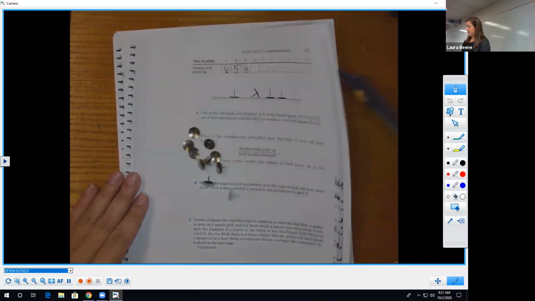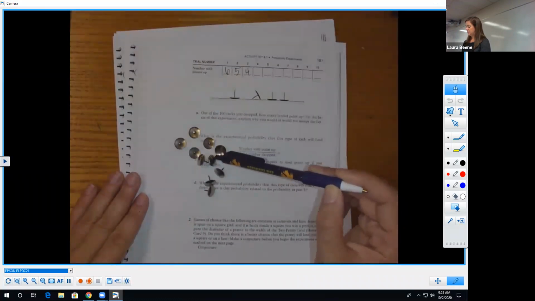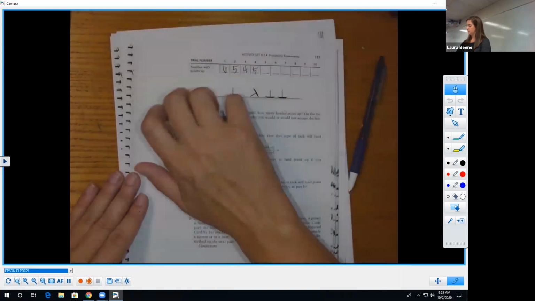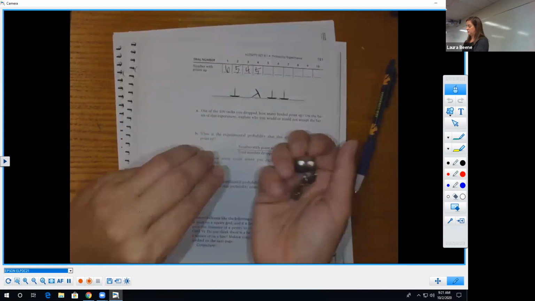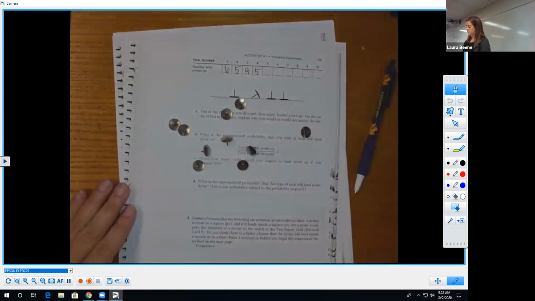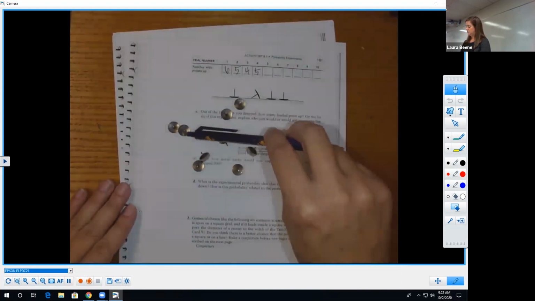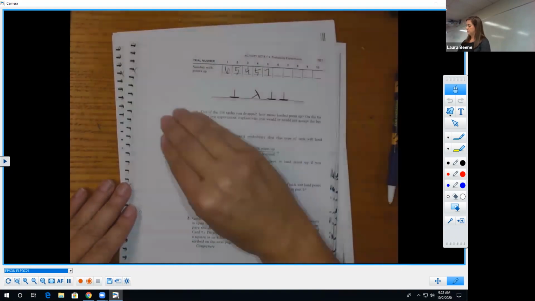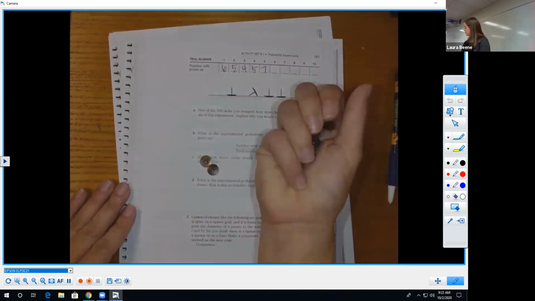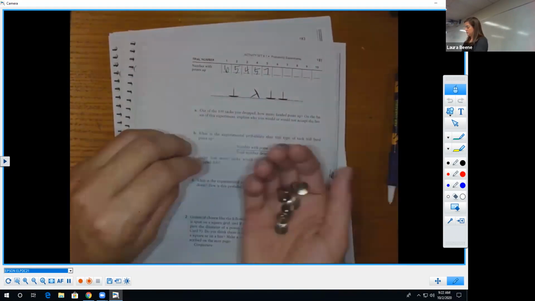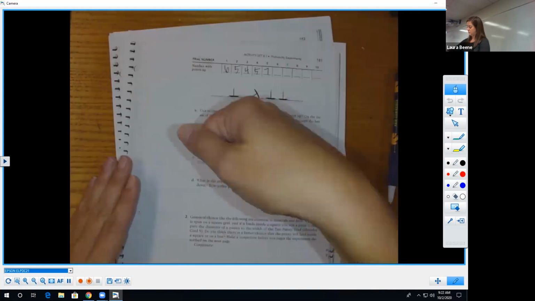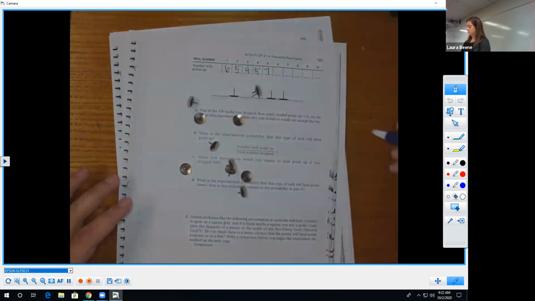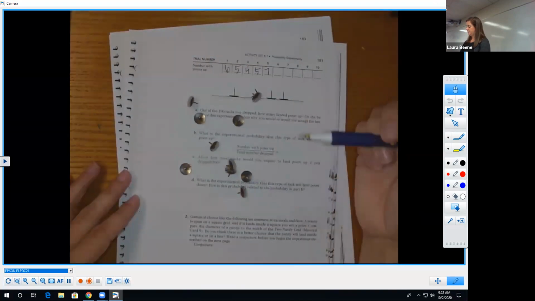So we have 1, 2, 3, 4, 5. This time 1, 2, 3, 4, 5, 6, 7. One, 2, 3, 4.